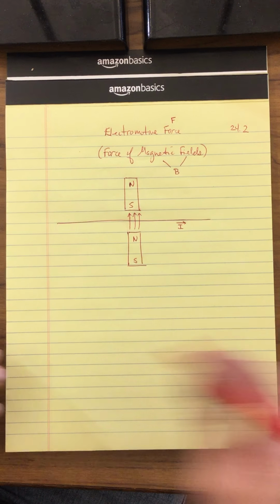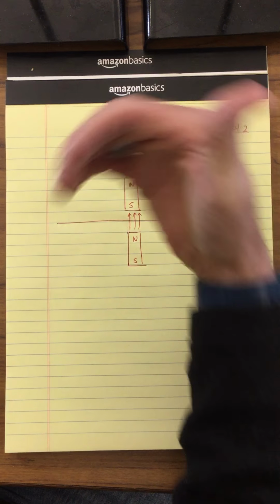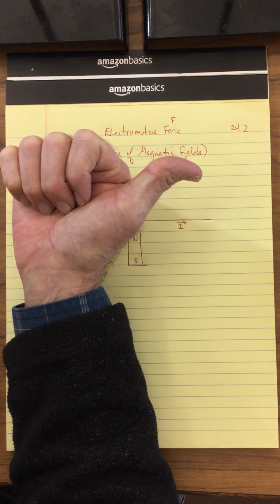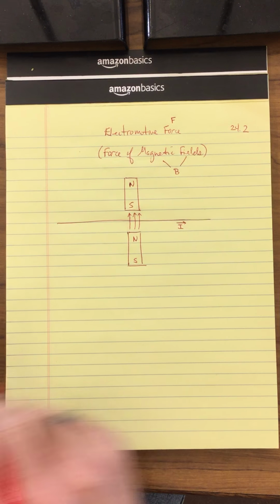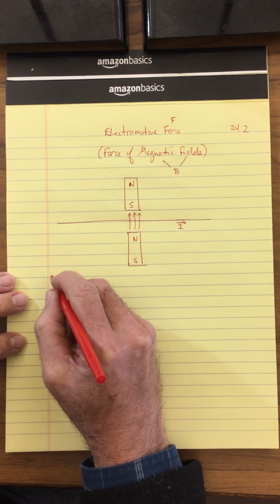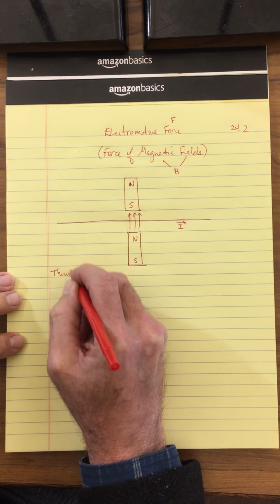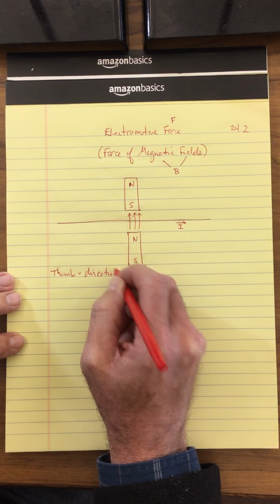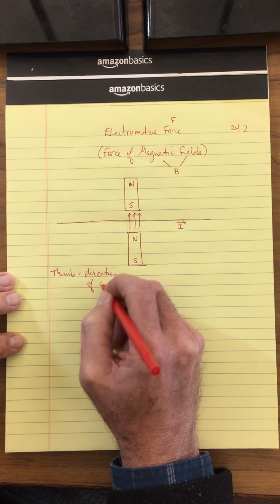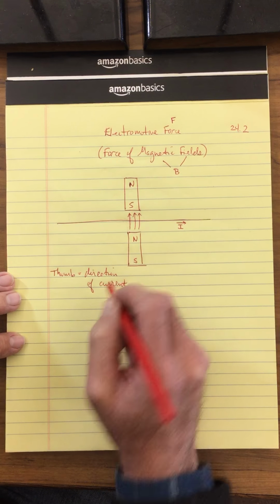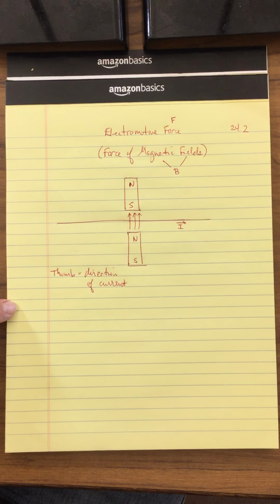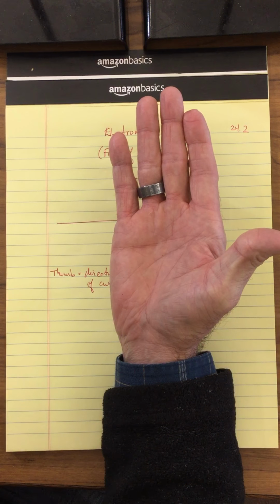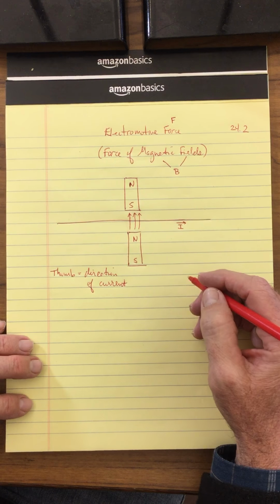So what you have to do is use our right hand again, but instead of curling around this way, we're going to have our thumb represent the direction of the current. So your thumb is the direction of the current. And these magnetic field lines are going to be your fingers. Your fingers are going to go from north to south.